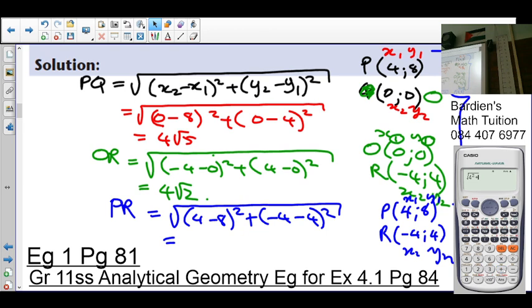Plus negative 4 minus 4 is negative 8, so it's going to be 8 squared. Or you can punch it in the calculator as it is. I'm just struggling with the calculator now.